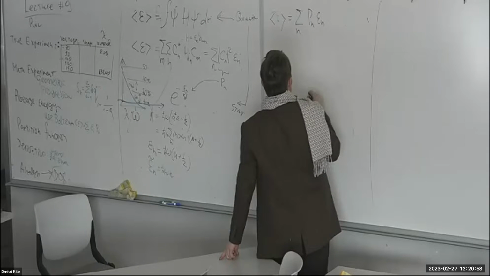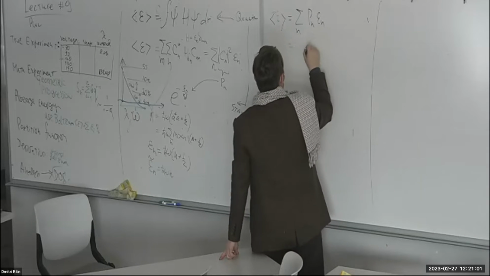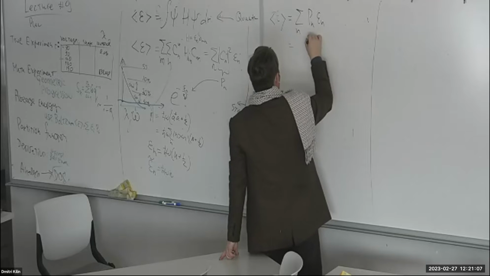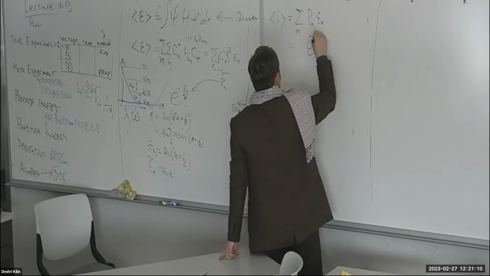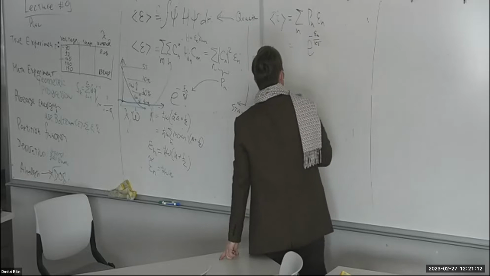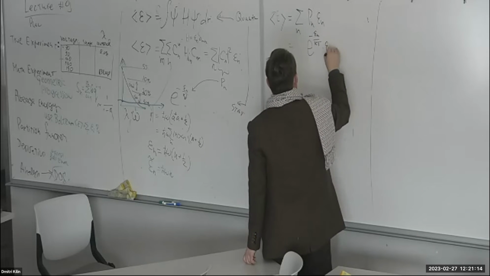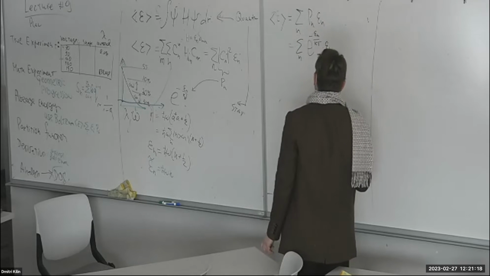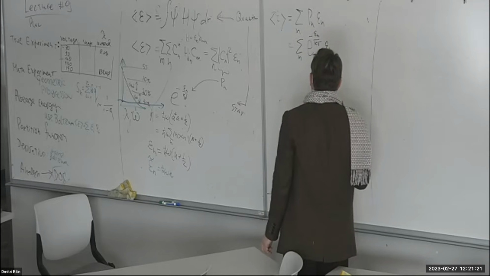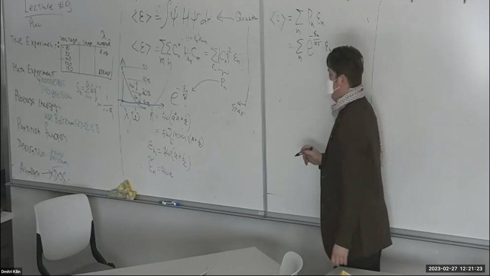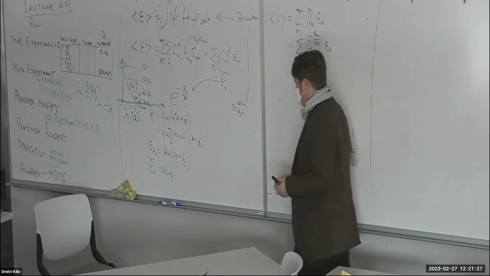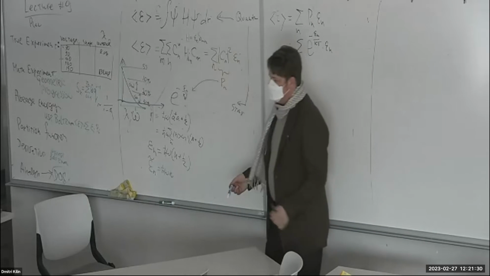And then the probability is e to the power minus energy n over kT, times En. This equation is wrong. It's correct in principle, in idea, but for any practical calculation it is wrong.